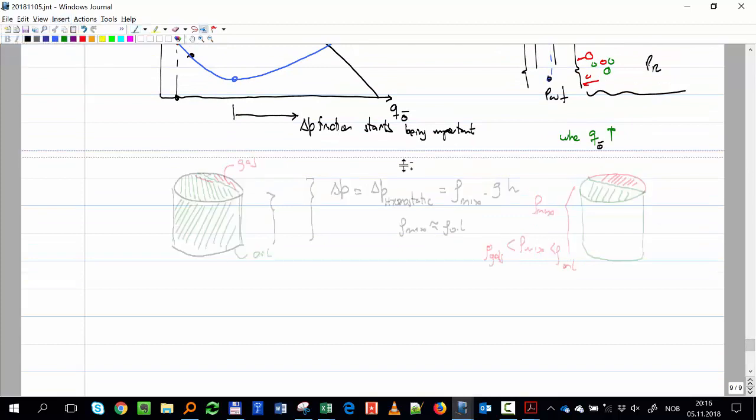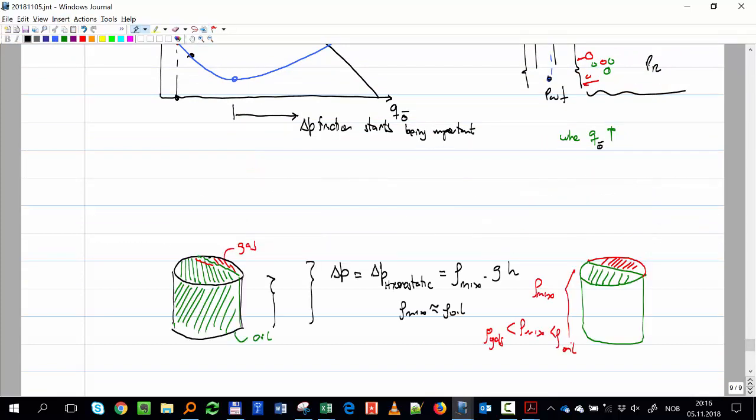So let's make a small summary. Here delta P is equal to delta P of hydrostatic plus delta P friction, and here the delta P is the same.